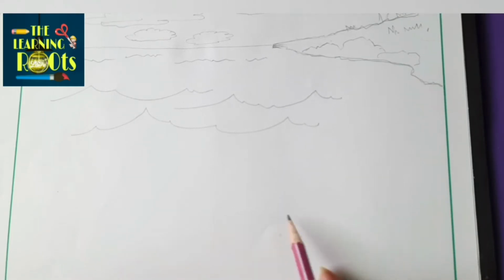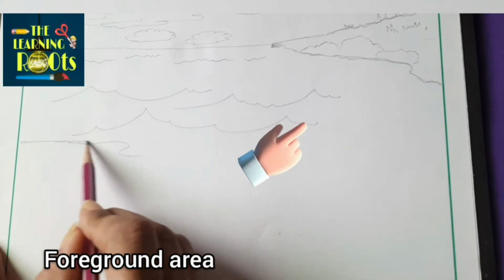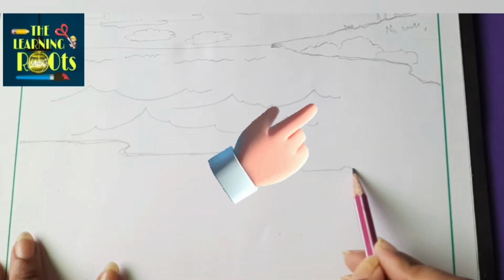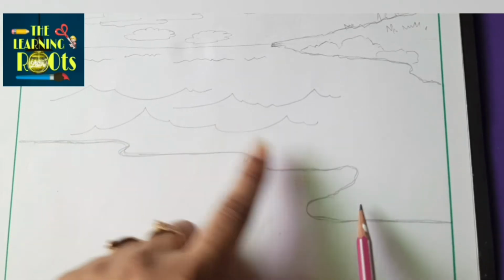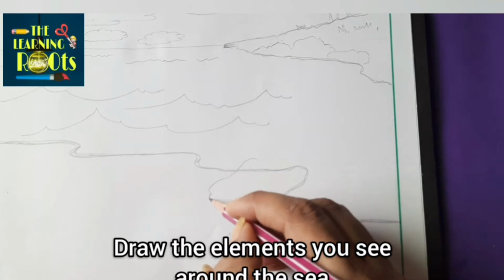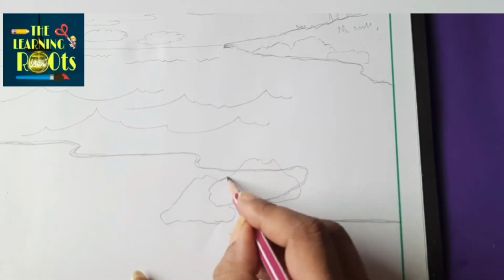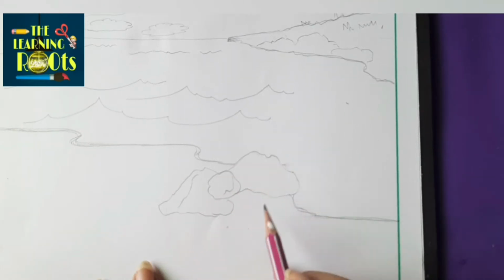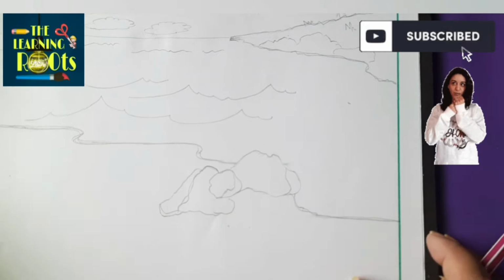So here in the foreground I'm just marking my sand area, because it's a seascape, so we have to make sure that we take some elements that we see around the sea areas. We see coconut trees, some cliffs, rocks, sand, some boats, grass, etc.